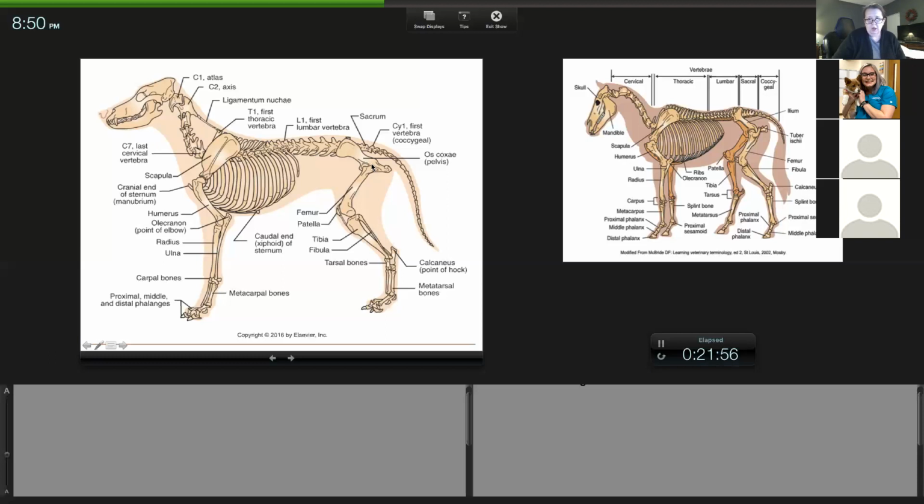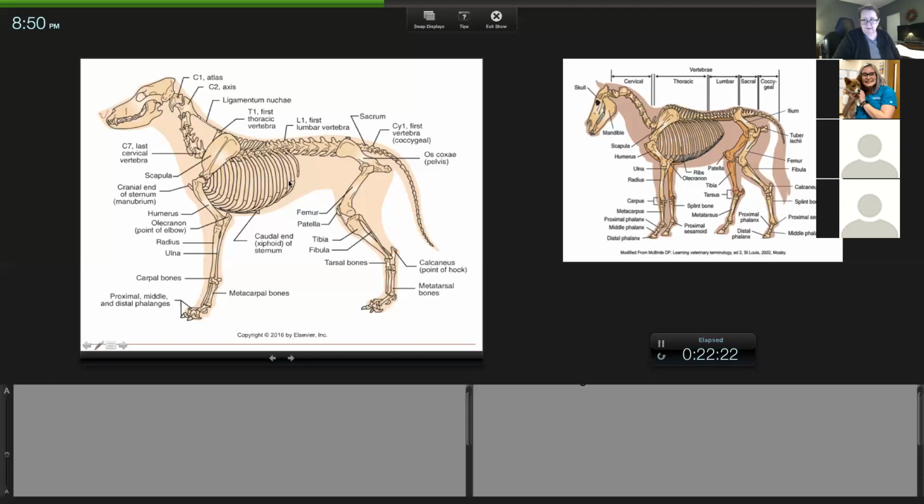I am more specific, and if I'm pointing up here, that is the ilium. When you go down a dog's back, that's the ilium. What you feel back here is the ischium. The pubis is underneath.